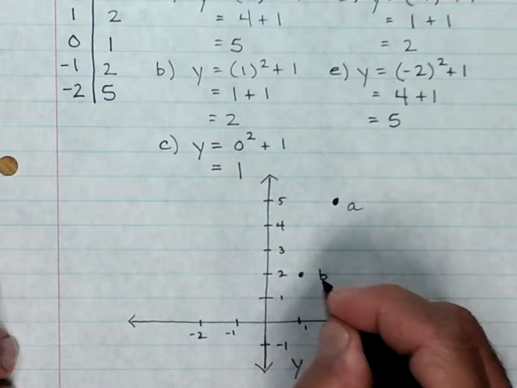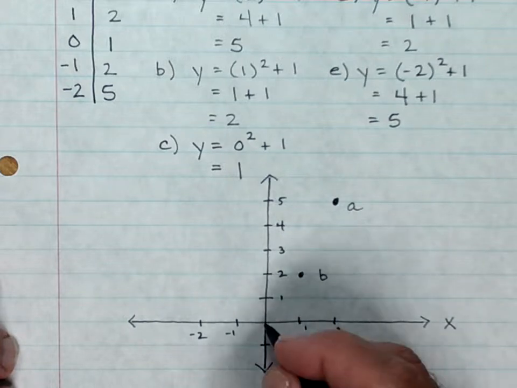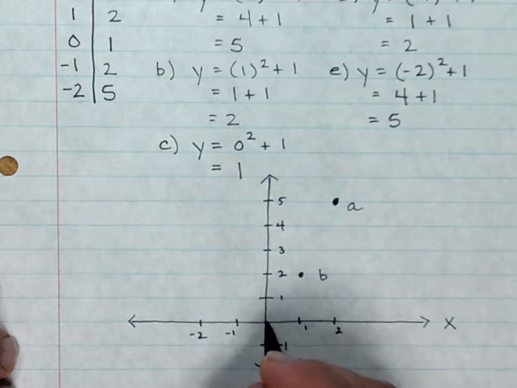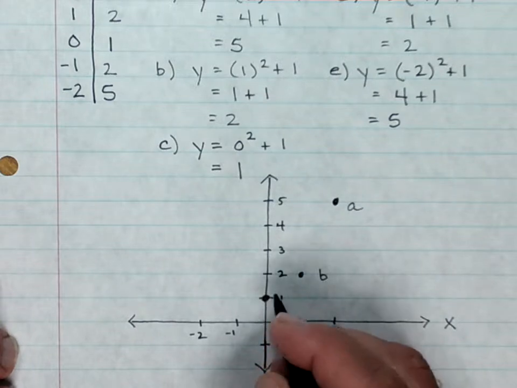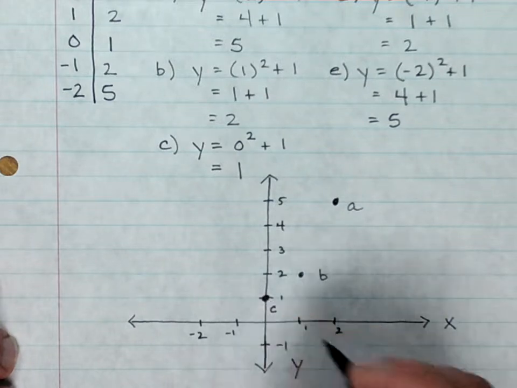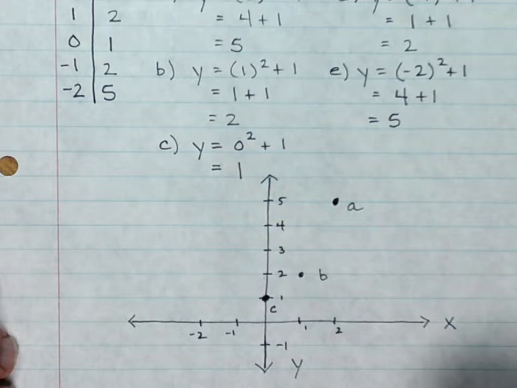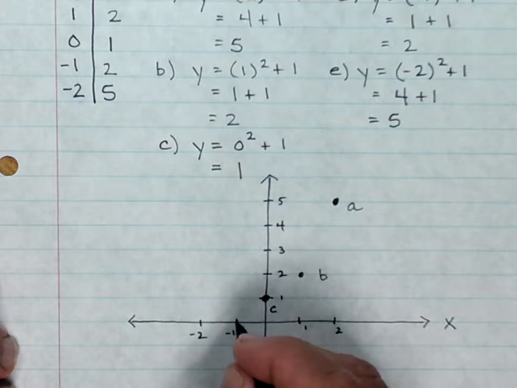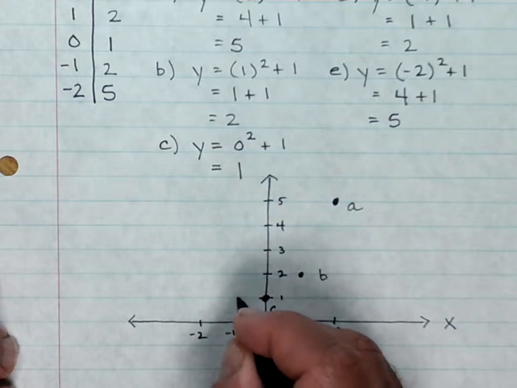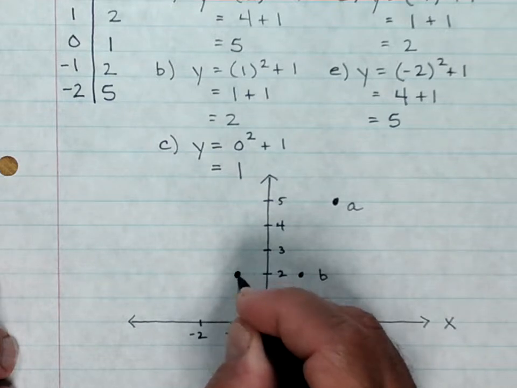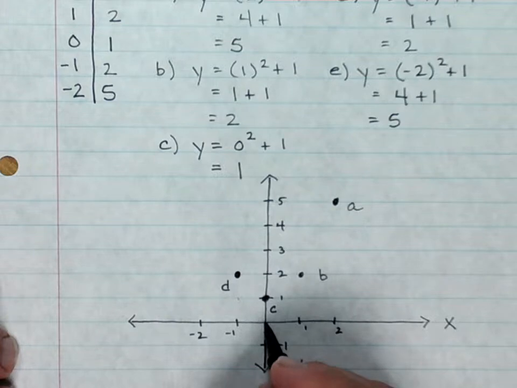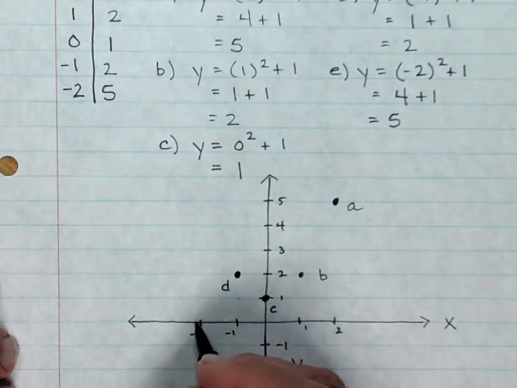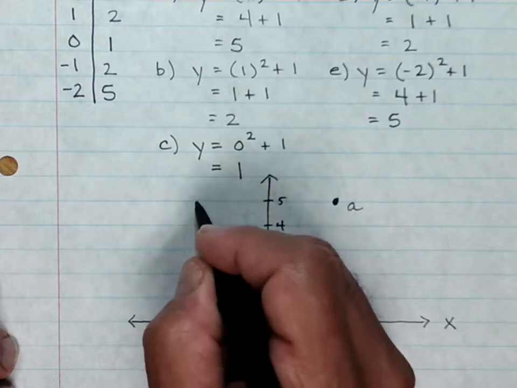That's B. When we put 0 in, the outcome is 1. When we put negative 1 in, the result is a positive 2. And the final point, the input of negative 2 gives us an output of positive 5.